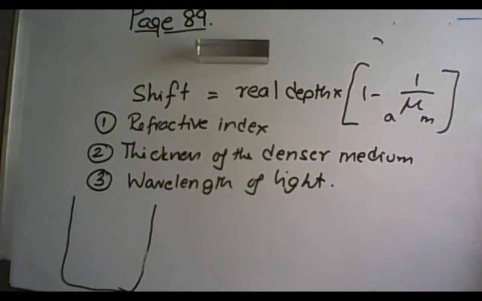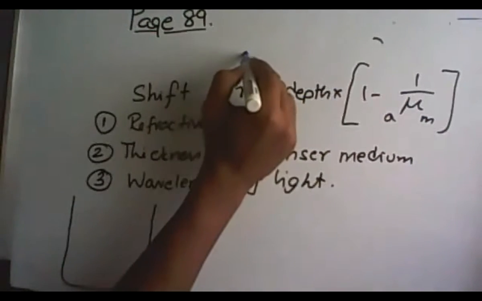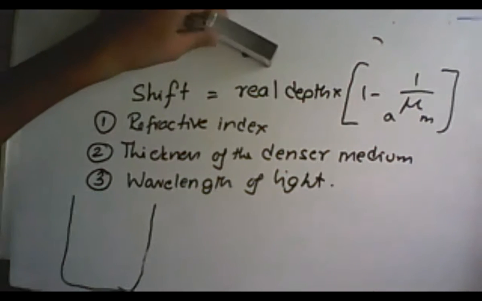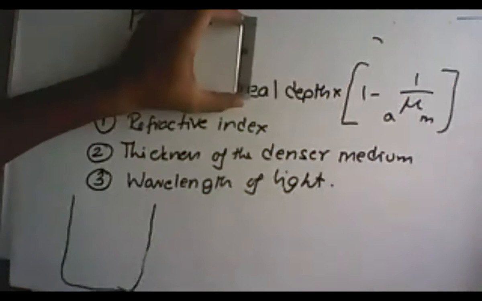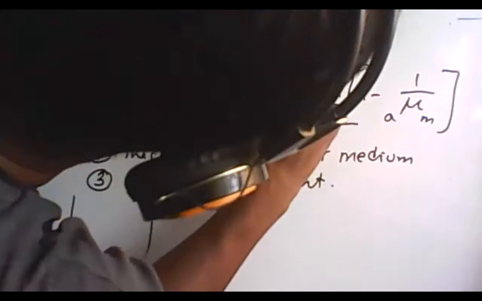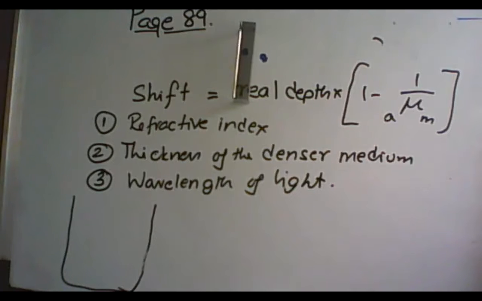I'm not sure it will work, but I put a sort of blue dot there and I place this glass slab. I don't know if you are able to see the difference in the shift. Is anything visible in terms of the shift?